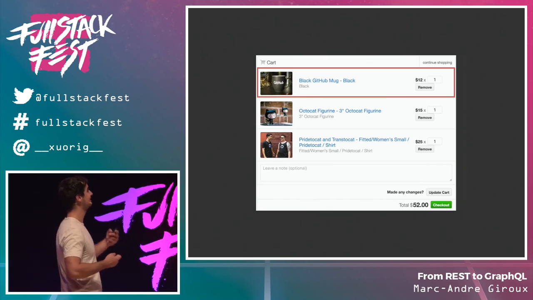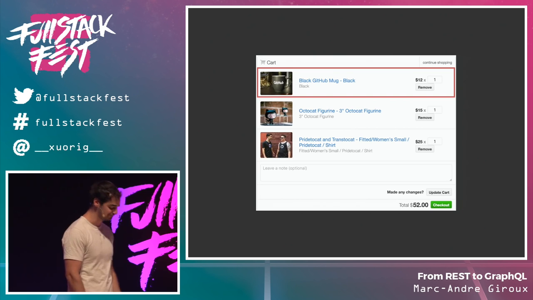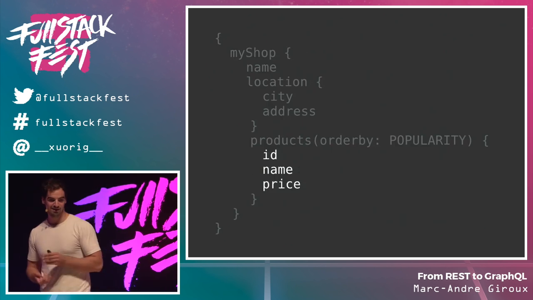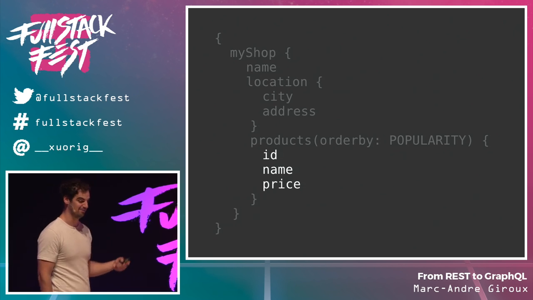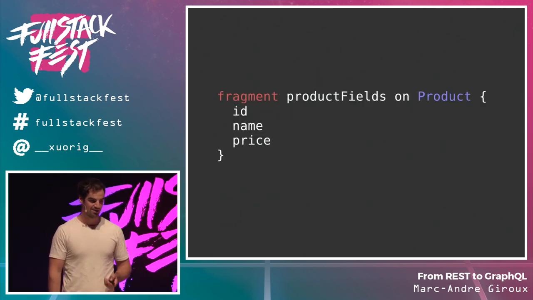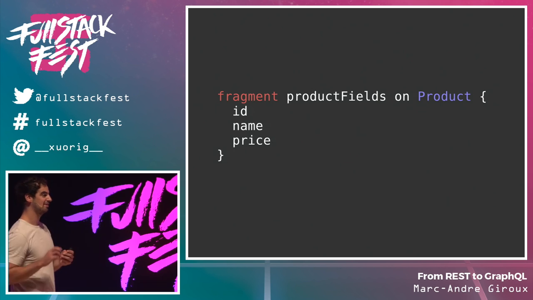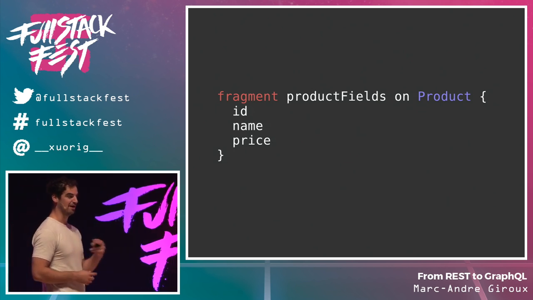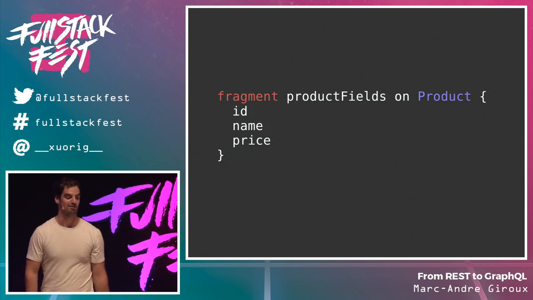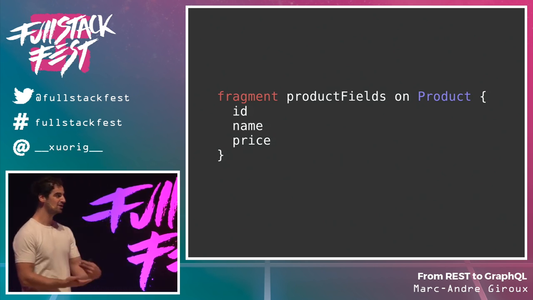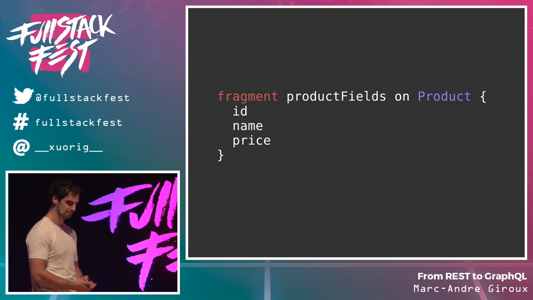So let's say this was my product component in red. It basically only needs what products have, right? An ID, a name, and a price. So what we can do is extract this from the original query and create a new fragment with it. All we need is to name it. So I'm naming my fragment product fields, and saying on which type this fragment applies.